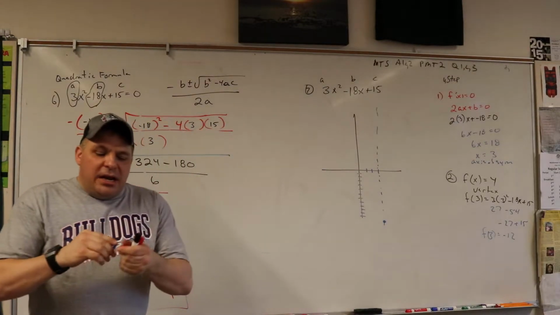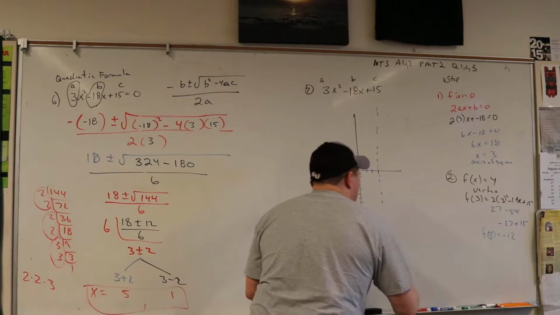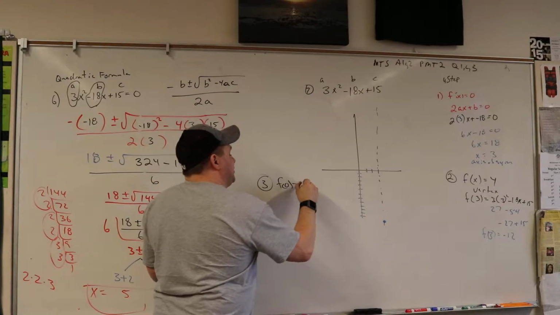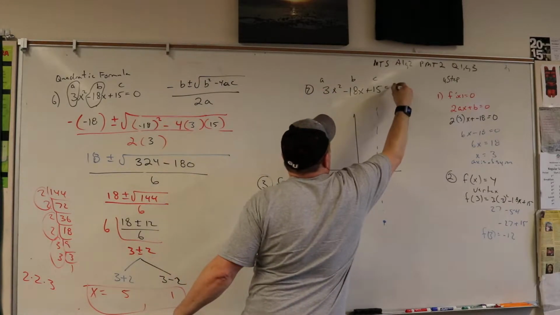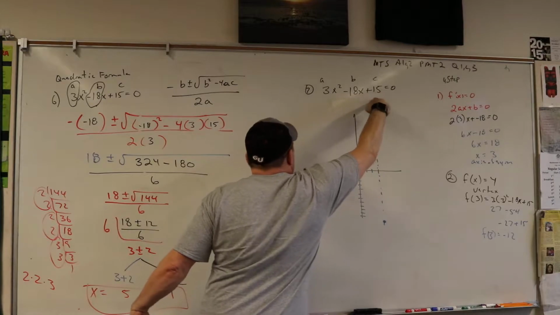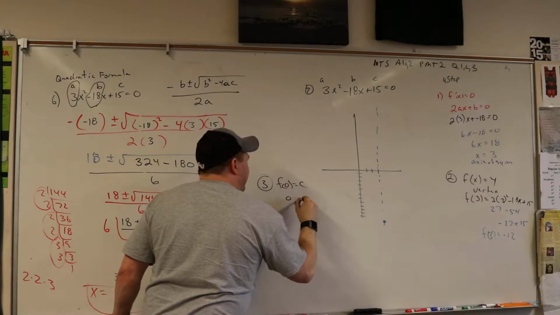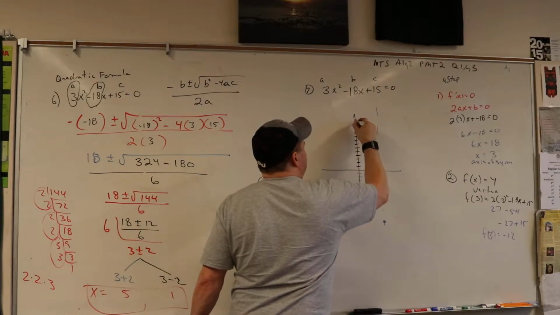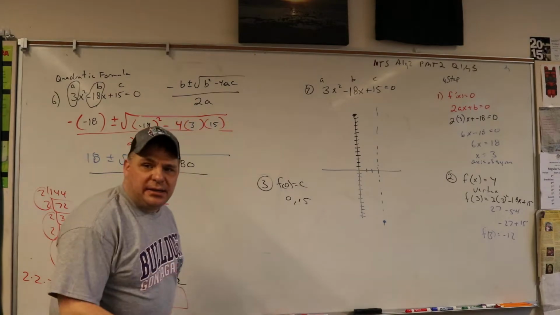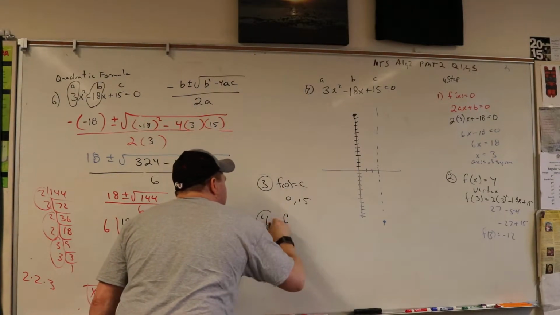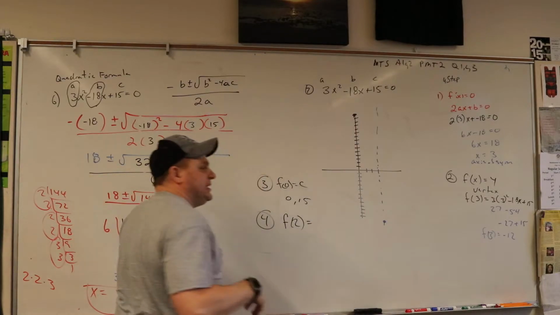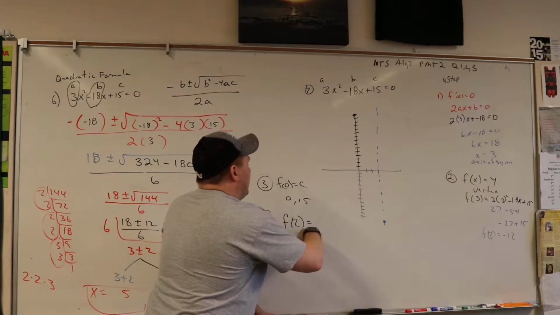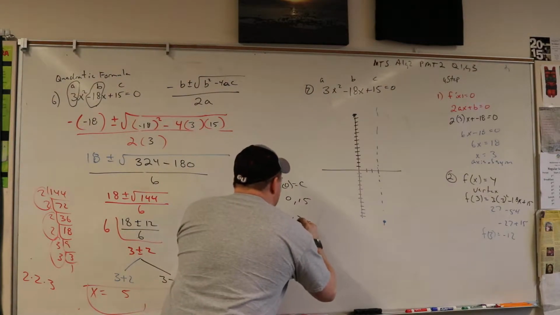Now I need to find 2 easy points. Step 3, f of 0 equals c. When I plug in 0, c is 15, so it's 0 and 15. Step 4, f of 2 times the axis.